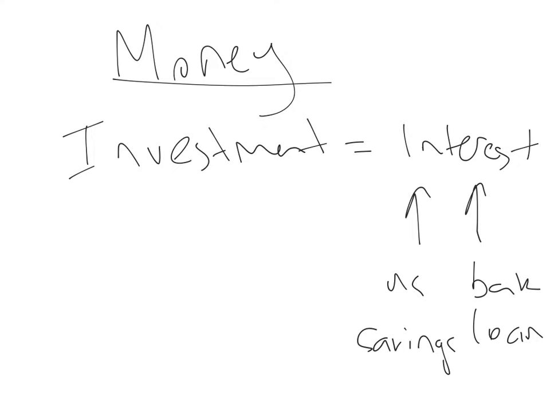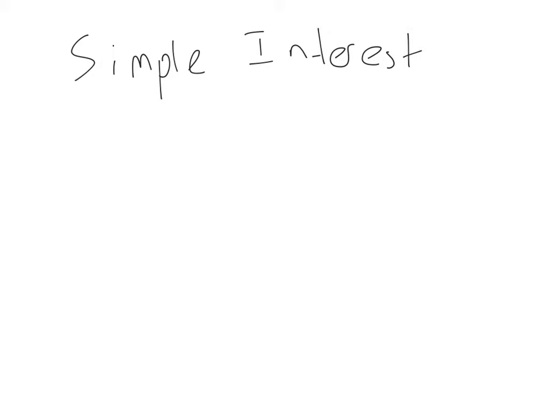All right, and so there are a number of ways that we look at interest. The first and the most basic way is simple interest. Simple interest is taught in year 8, and it is on the formula sheet, and it's just I equals PRN.